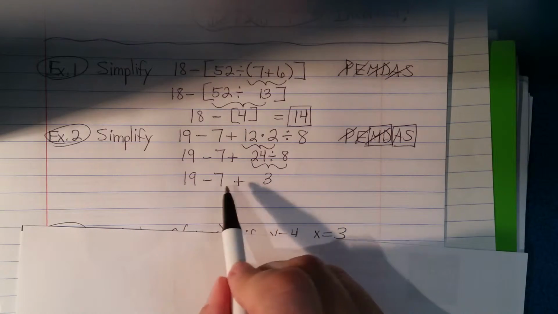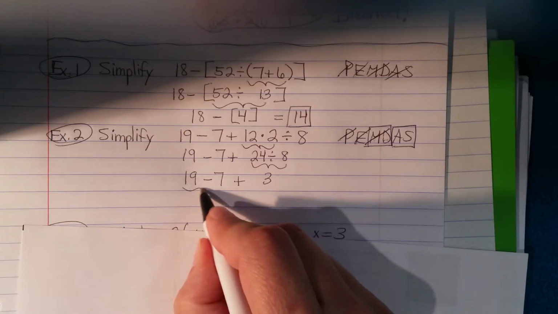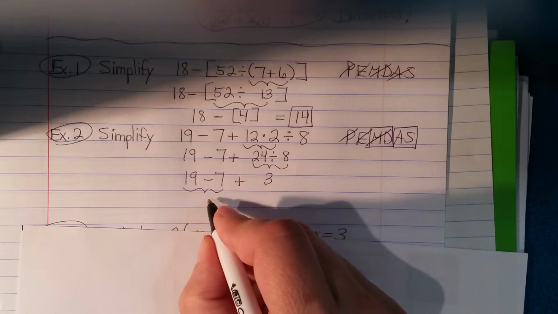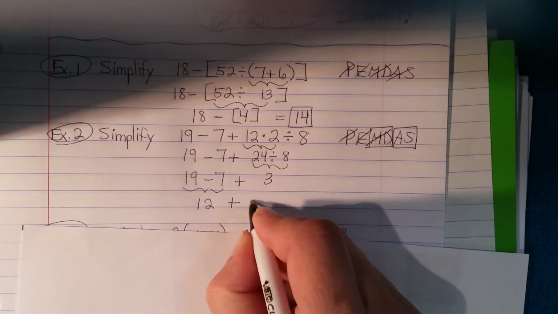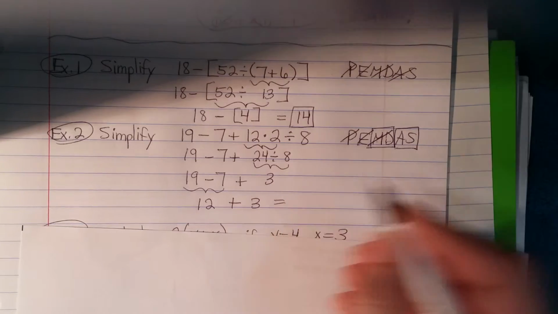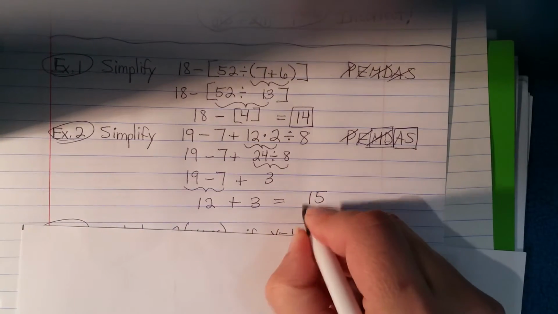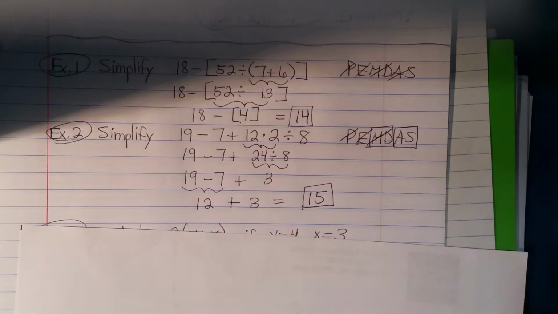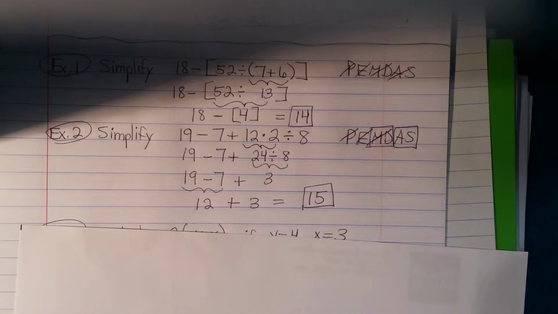So it's tempting to add the 7 and the 3, but as I work left to right, the first thing I hit is the subtraction. So I have to do 19 minus 7, 12 plus 3 now. Now I can go ahead and add. And I get 15.